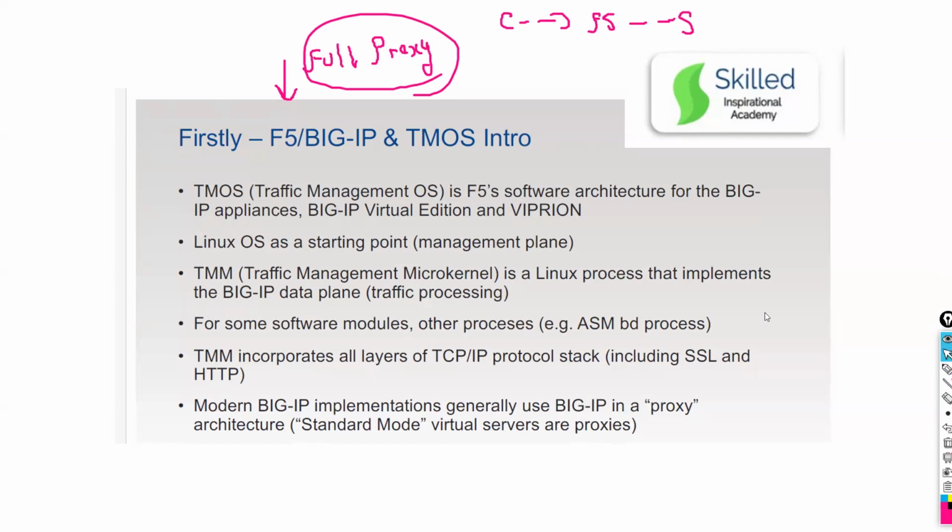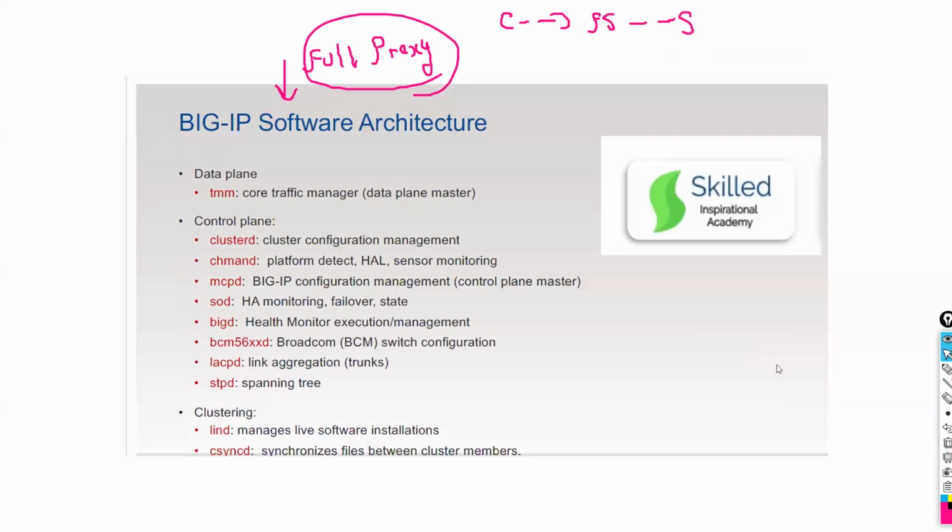Now, next, what are the daemons which will be used? See, in data plane, this is the daemon. In troubleshooting, it will help you to troubleshoot your BIG-IP daemons. Like in Palo Alto, you have daemons, in F5 also, you have daemons.